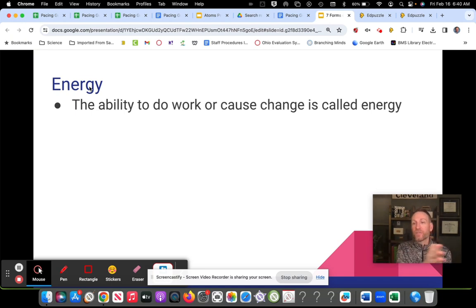It has changed position. That's work. And the ability to do that is because of energy.